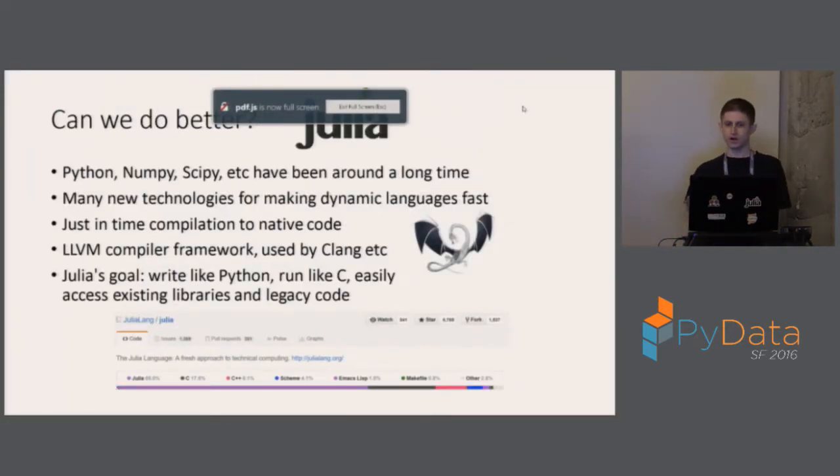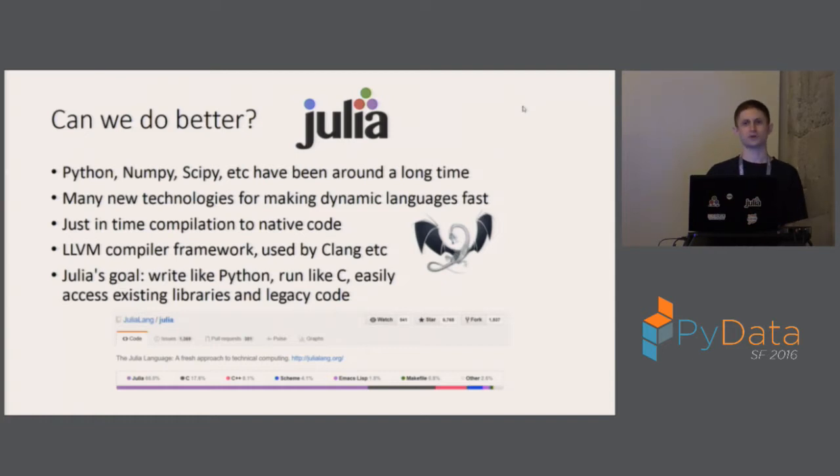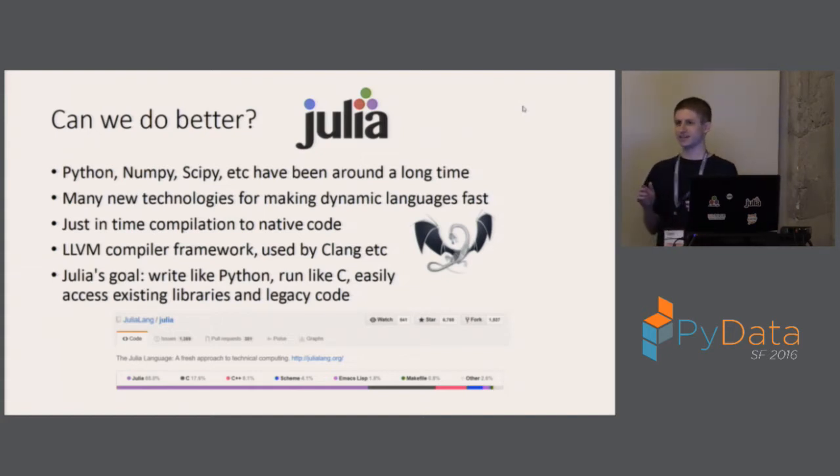Python, NumPy, SciPy are all very mature projects that have been around for a long time. But nowadays, it's 2016, and there's a lot of advancement in technology, especially in browsers. The development in making JavaScript run ridiculously quickly in your browser has produced a lot of advanced compiler technology, like just-in-time compilation.